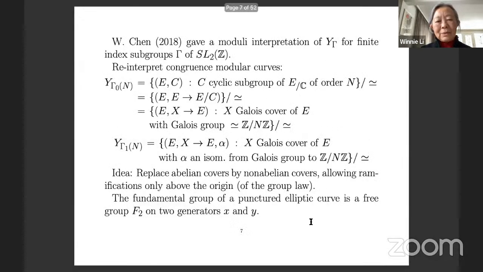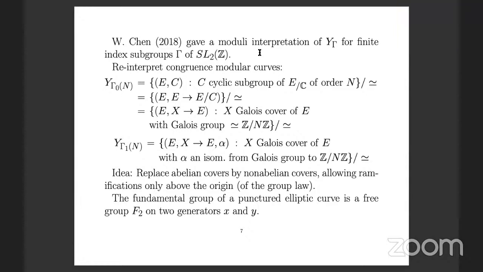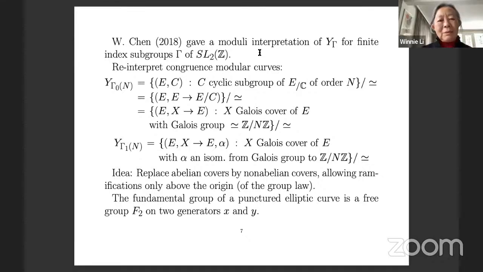And for non-congruence subgroups, the modular interpretation was worked out by Chen in his thesis, which was published in 2018. I see that Chen is also invited to give a talk. I think he will talk about this result. So I will just give a quick introduction of what he did in this regard.